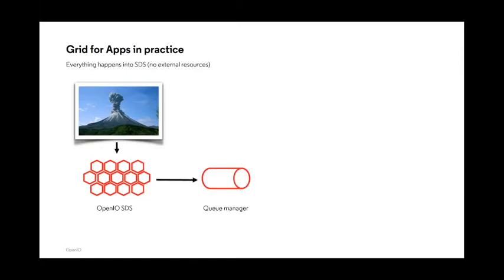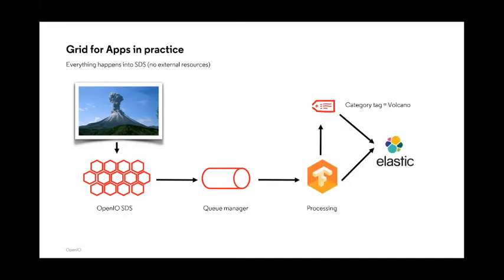It is intercepted by the queue manager and processed by TensorFlow, a machine learning library open sourced by Google a while ago. And we add a category tag to this object with the description of the content. And also we add this to an Elastic database. At the end, you have metadata enrichment that is saved back to the file.